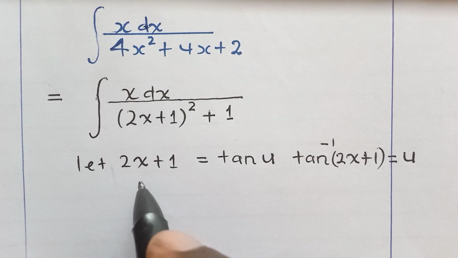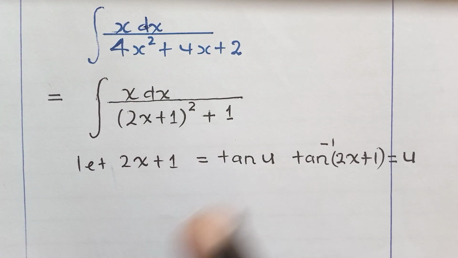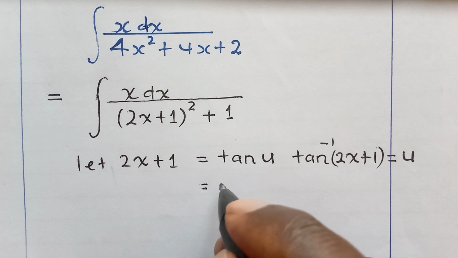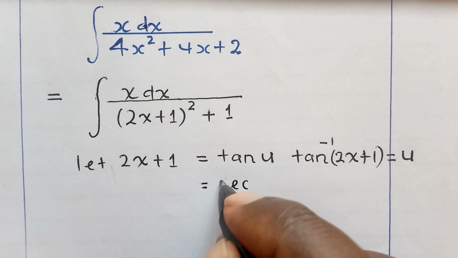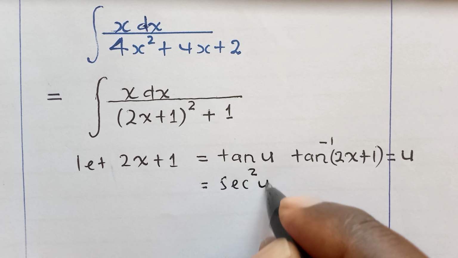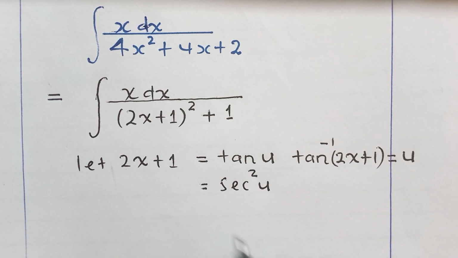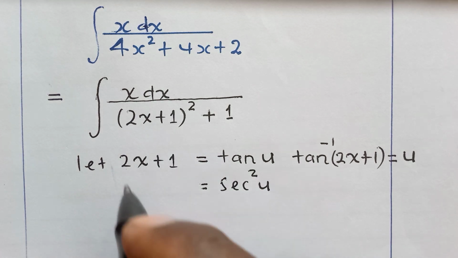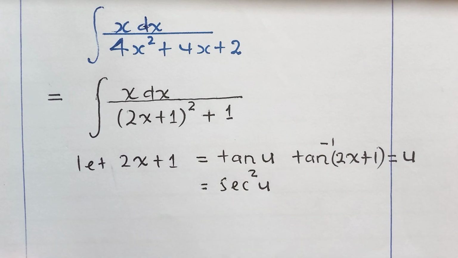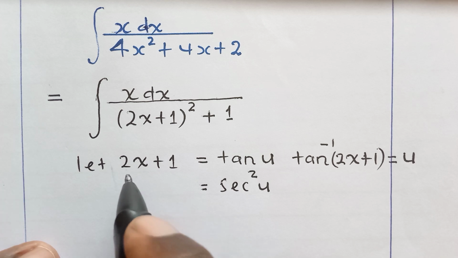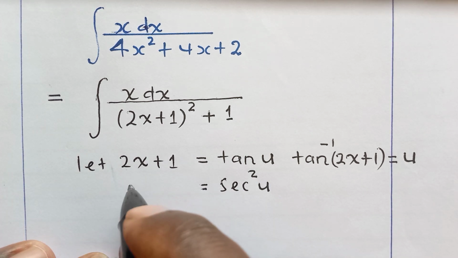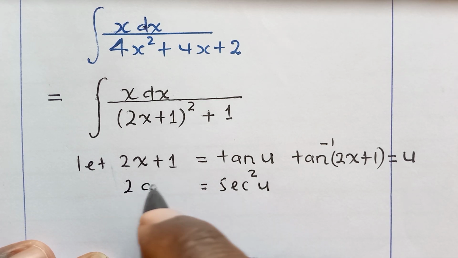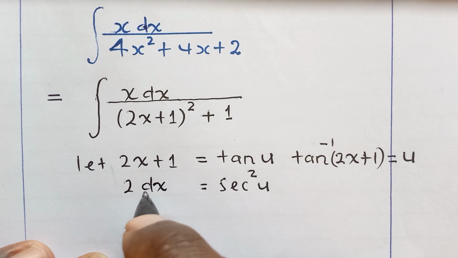Then from there, we can differentiate both sides. If we differentiate this side, you get sec squared u, while this one, differentiating with respect to u, you are going to get 2 dx du.